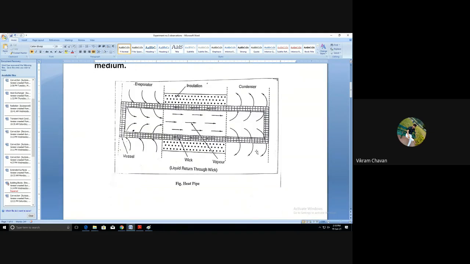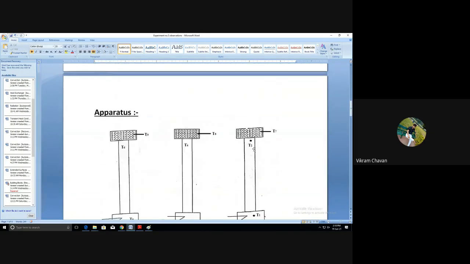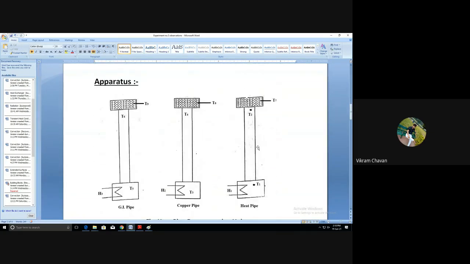Now, the apparatus part. In this particular experiment we are going to compare three different pipes. First one is the heat pipe, second one is the copper pipe, and third one is the GI pipe. Now, what are we going to compare in these three pipes? Actually, there will not be any calculation part in this experiment.